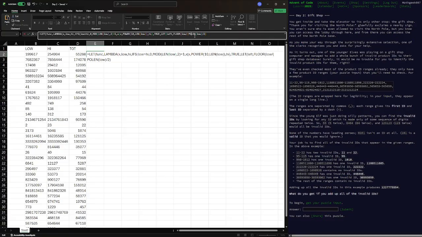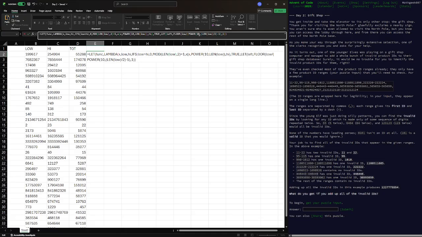We're going to do power 10 below minus 1. Significance is 1. That's going to be the left. And then, wait, sorry, where's this?